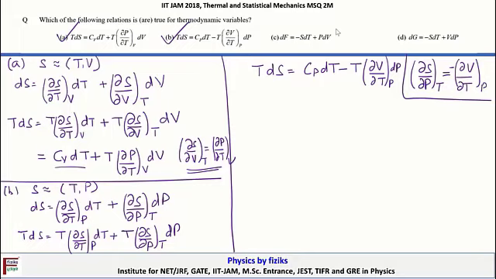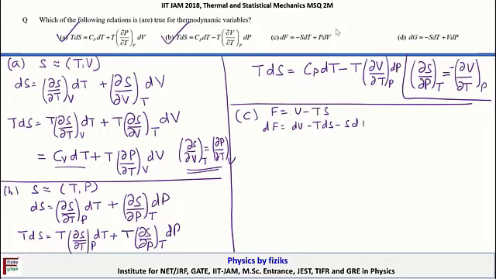Okay, now let's check option C. In C we are given dF, that's the Helmholtz free energy, which is given by F equals U minus TS. So from here dF will be dU minus TdS minus S dT. Now dU is TdS minus PdV, so I am replacing dU with this expression.